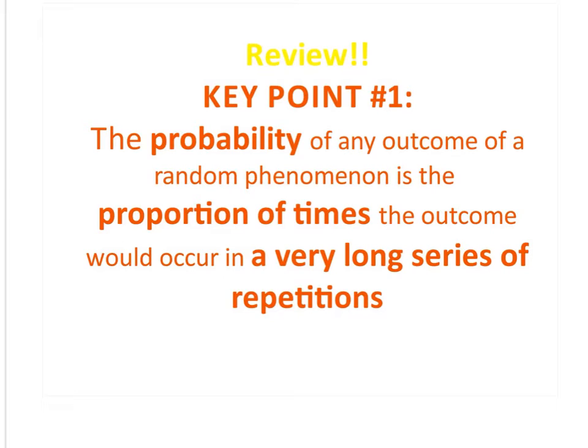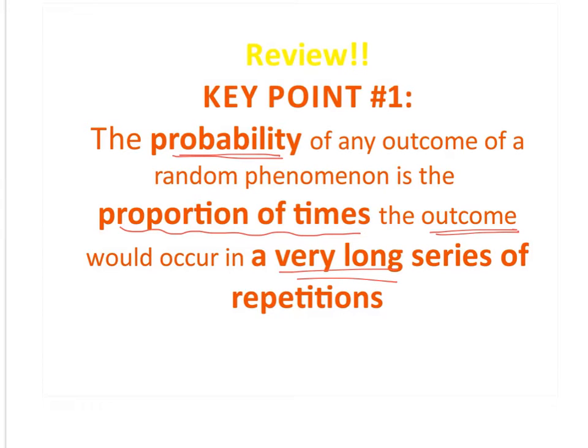We did this last video. We're going to do it again. This key point is so important. This is the definition of probability. Probability of any random phenomenon is the proportion of times the outcome, or what we're looking at, would occur in a very long series of repetitions.